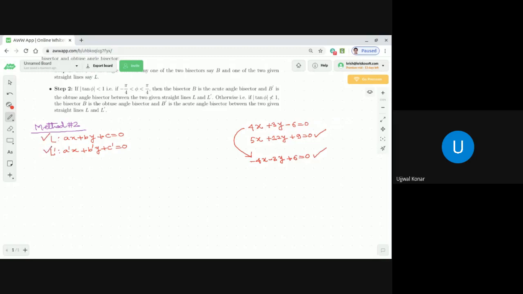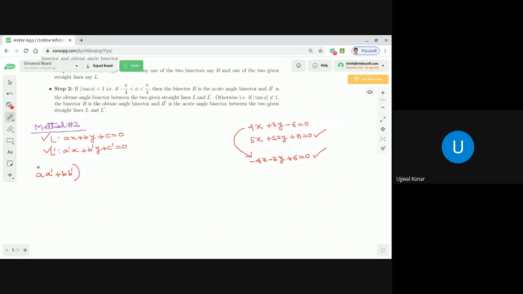Once they are positive, we are going to perform the following task: we are going to find the value of a a dash plus b b dash after this adjustment.